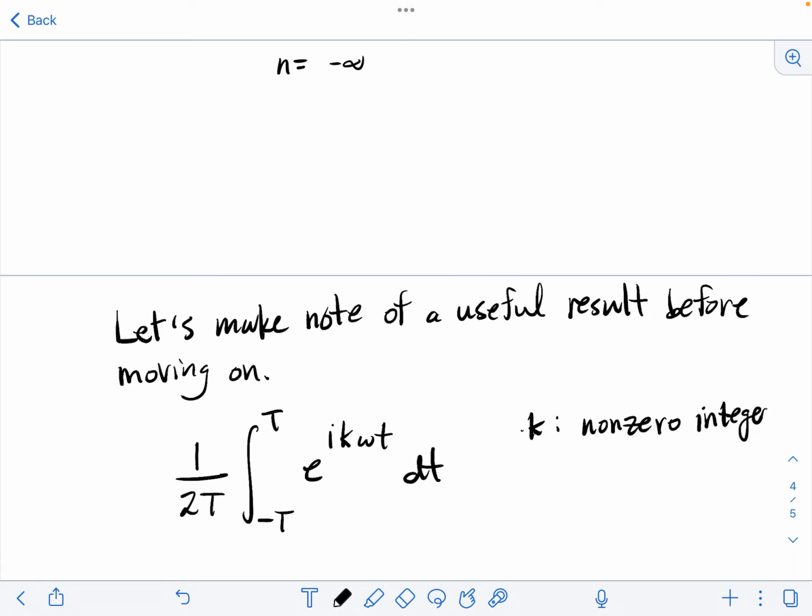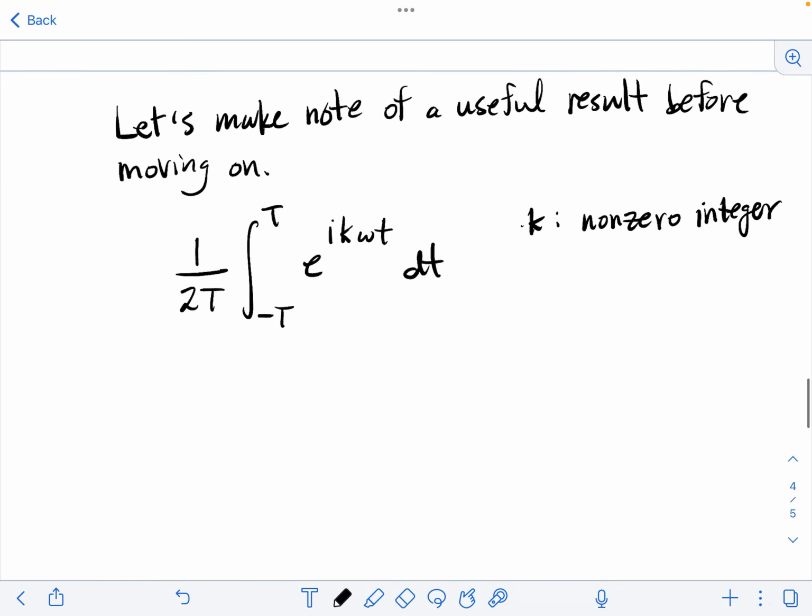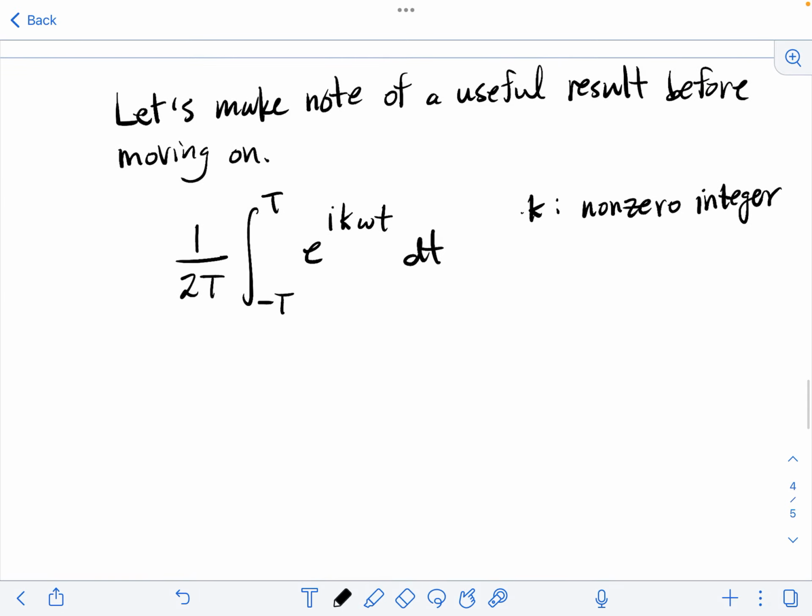So it's maybe plus 1 or minus 1 or plus 2 or minus 2 and so on. Of course, it's just an exponential, so this integration is very straightforward.